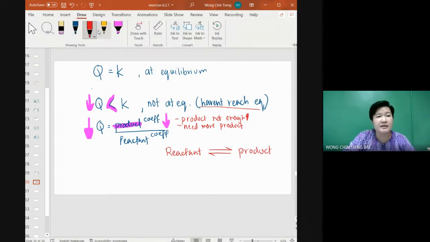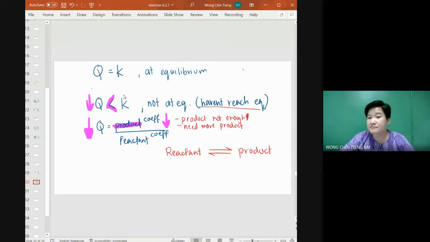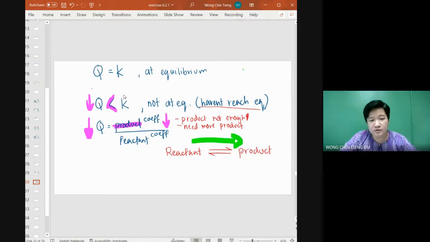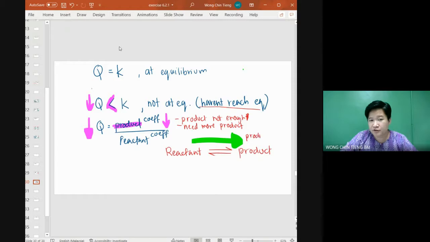Kita akan menghala ke produk atau kita akan bergerak dari produk. Menghala ke produk. We will be going towards product. Sebab bila kita menghala kepada dia, bermakna kita akan hasilkan produk. We will produce product.